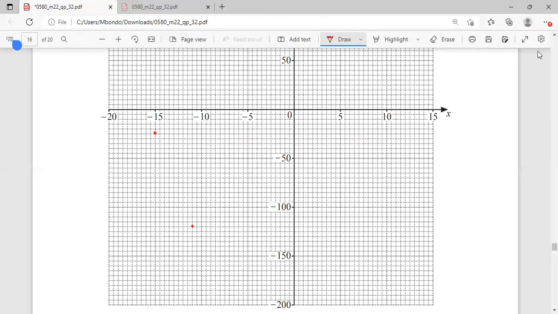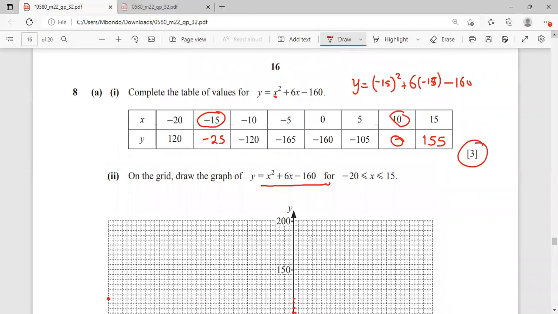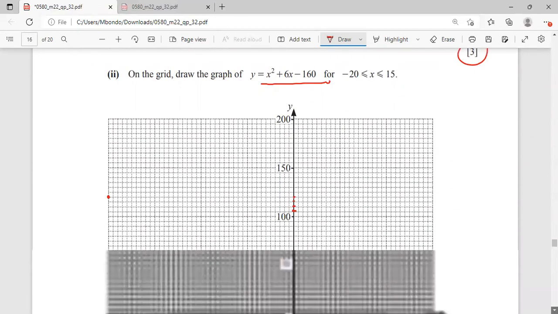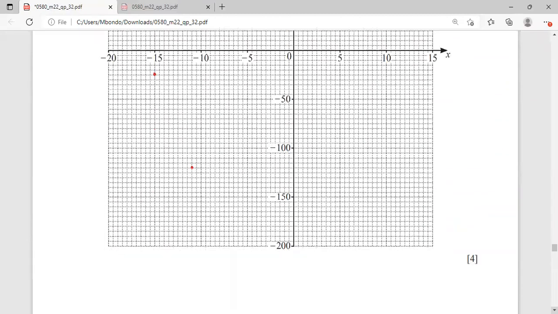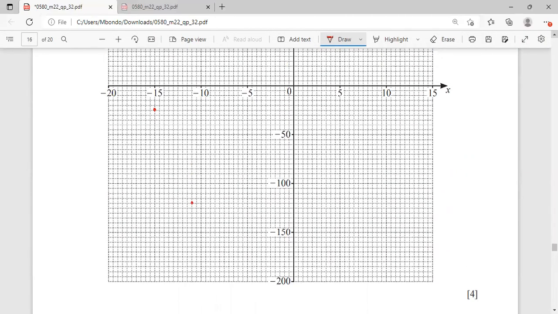Okay, next one is negative 5, comma, negative 165. So negative 5, negative 165.